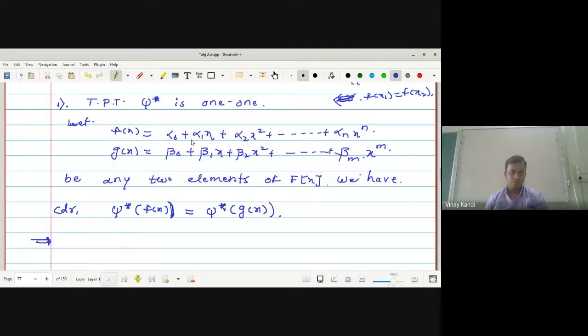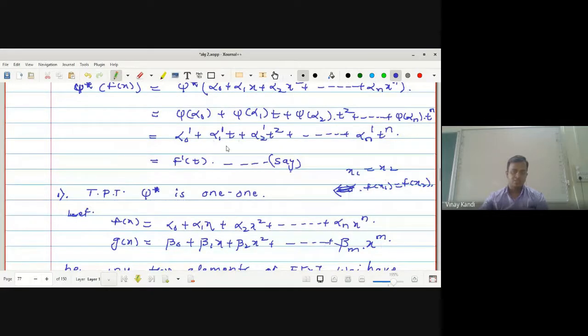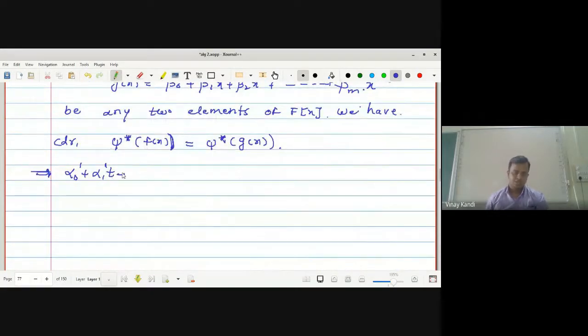How does it apply on this polynomial? Alpha naught dash plus alpha 1 dash, what will x become here? t. By the definition of psi star, plus up to so on alpha n dash t is equal to beta naught dash plus beta 1 dash t plus up to so on beta m dash t raised to m. Any doubt up to here?